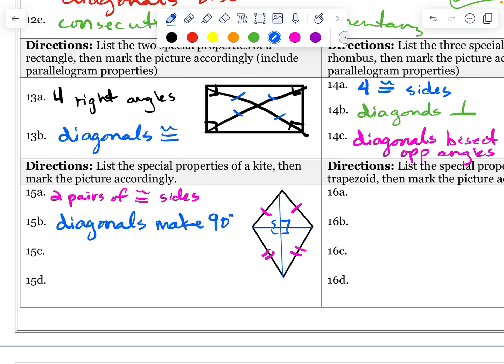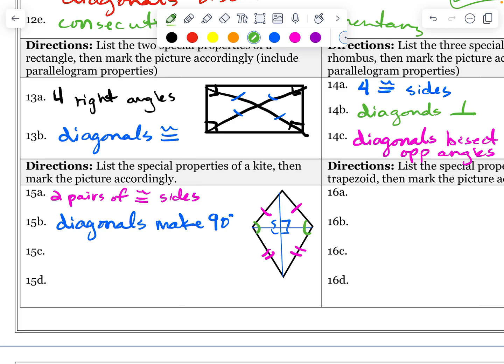Diagonals make 90 degrees, 2 pairs of consecutive sides. The angles between the non-congruent sides are congruent. So like these, let's choose a different color, these are equal to these.